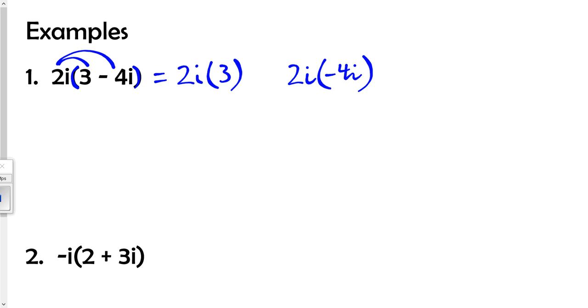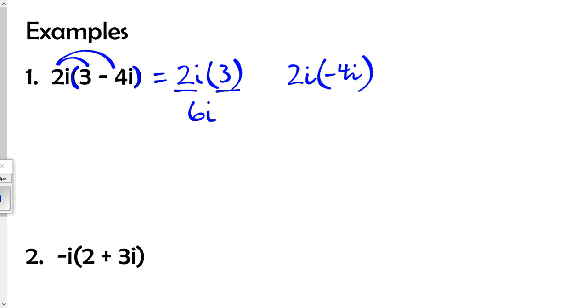-4i. If we just do some multiplication, we can remember that we're going to multiply the real components to the real components and the imaginaries to the imaginaries. So in this first example, 2 is a real number, 3 is a real number, multiply them together, you get 6. It's an imaginary, so that's 6i.